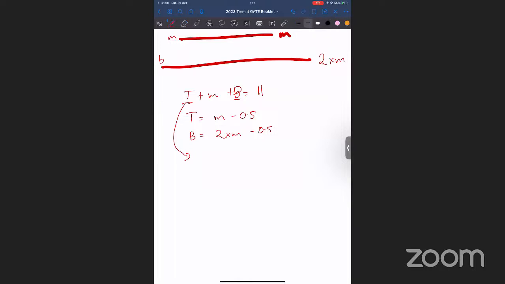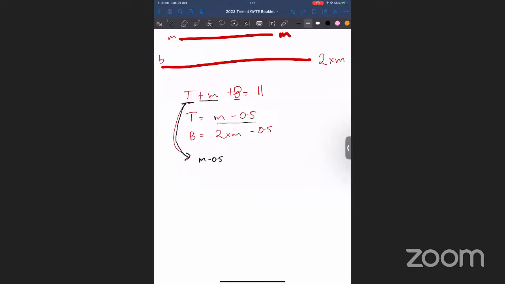Okay, so cool. So T, we already know that T is, let me use a different color. We already know that T is m minus 0.5. So how do we rewrite it? Instead of having just T here, we'll rewrite it as m minus 0.5.